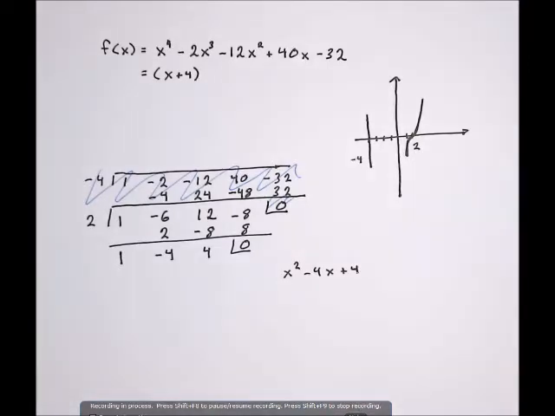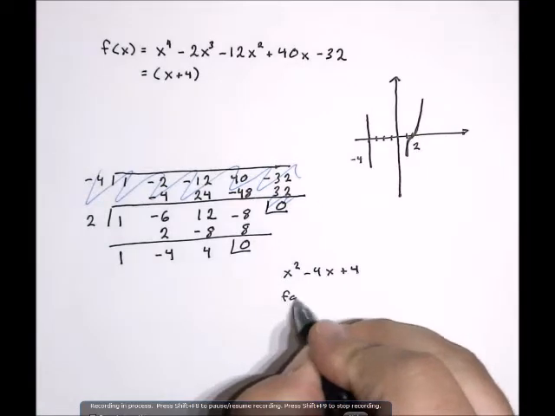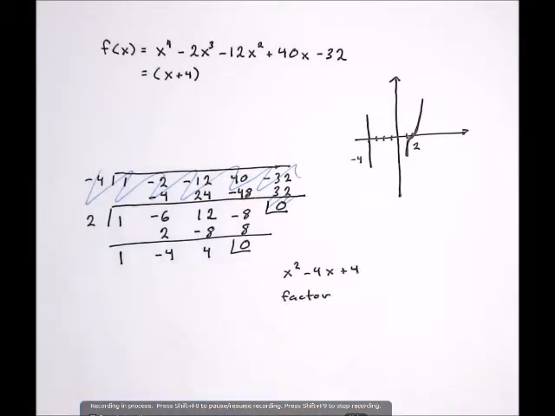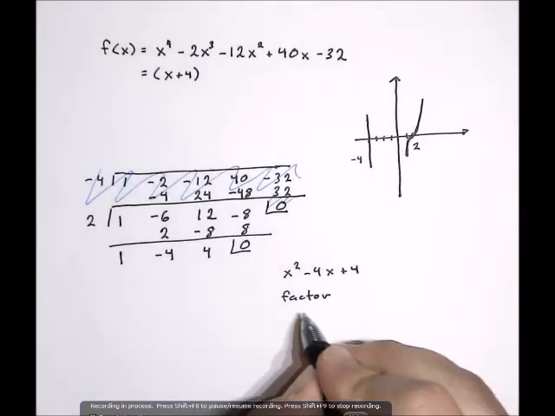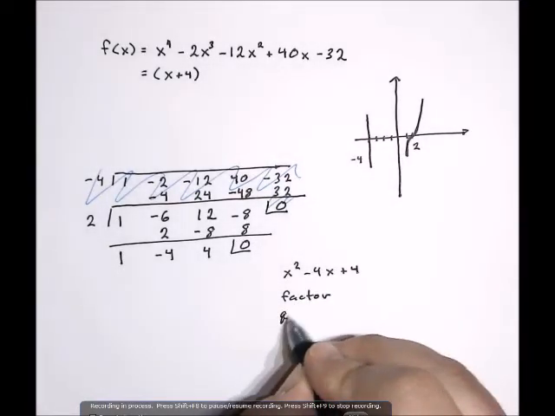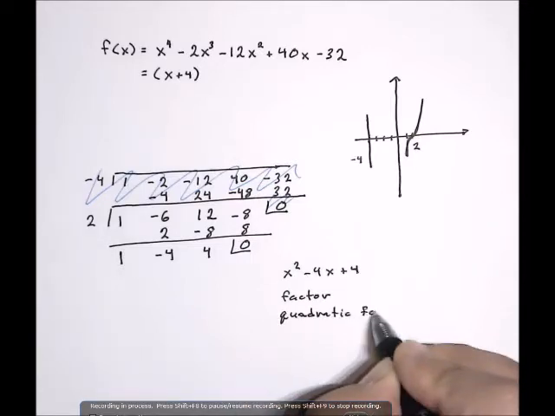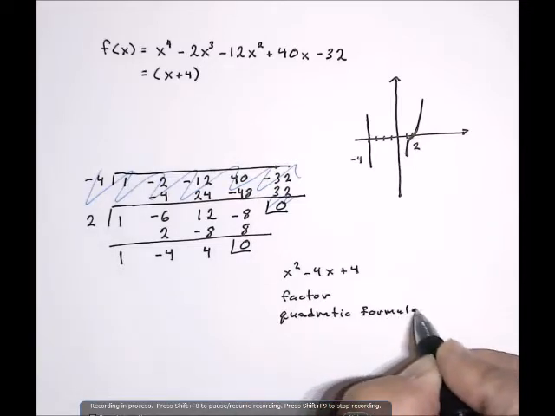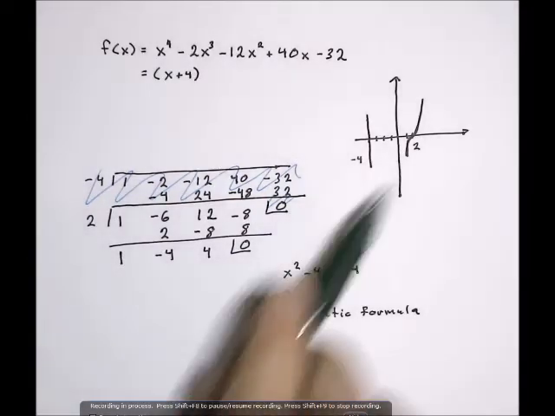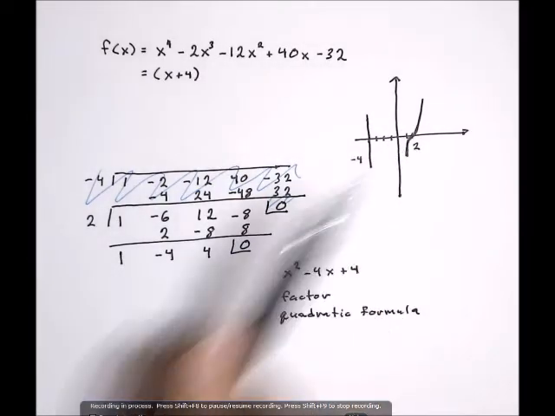You have 3 choices. You can factor, and that's usually the simplest. If you can find the factors, you can use the quadratic formula. Or you could notice that this graph does a little wobble here.